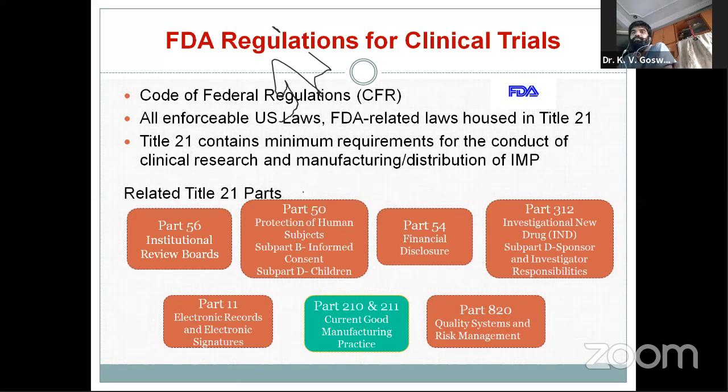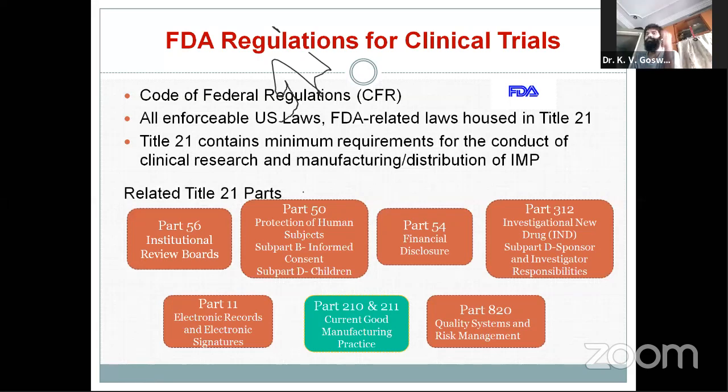To summarize the FDA regulations, all the enforceable US laws are housed in Title 21, which requires the minimum requirements for the conduct of the clinical research and the manufacturing and distribution of the IMPs, investigational medicinal products. And these are all the parts 50, 56, 54, and 312, which are directly related to the clinical trials. And as I mentioned, 56 describes the requirements and the responsibilities and the purpose of the institutional review boards.